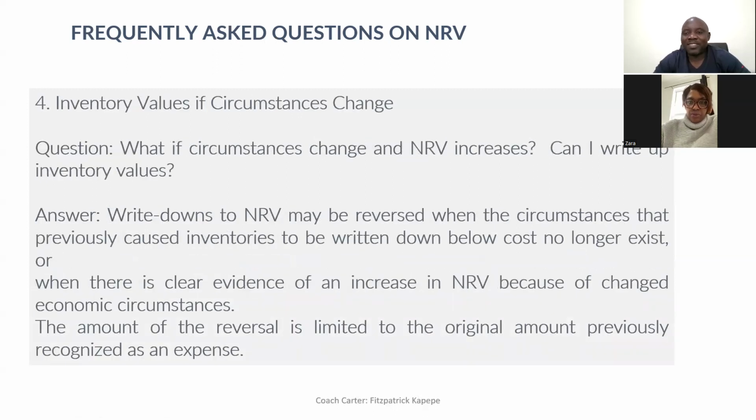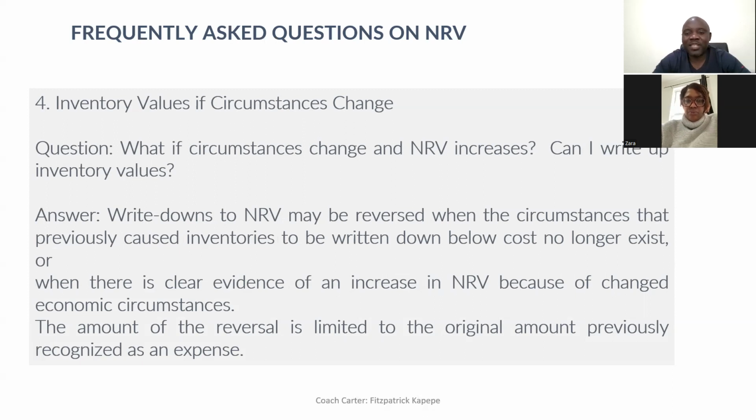Reversing inventory values if circumstances change. Question: what if circumstances change and NRV increases? Can I write up inventory values? Write-downs to NRV may be reversed when the circumstances that previously caused inventory to be written down below cost no longer exist, or when there's clear evidence of an increase in NRV because of changed economic circumstances.